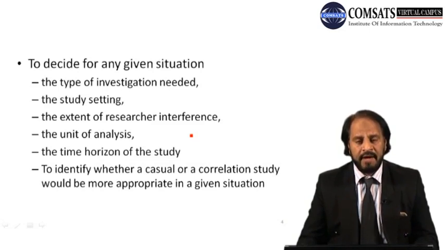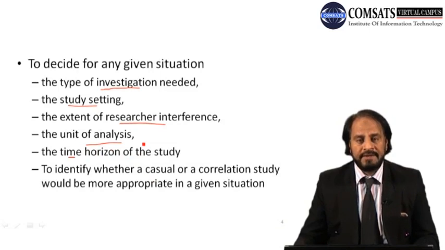What will be the time horizon of the study, and is this study going to be a causal or correlational study? These are some of the issues: the type of investigation, the study setting, the researcher's interference, the unit of analysis, time horizon, and so forth.